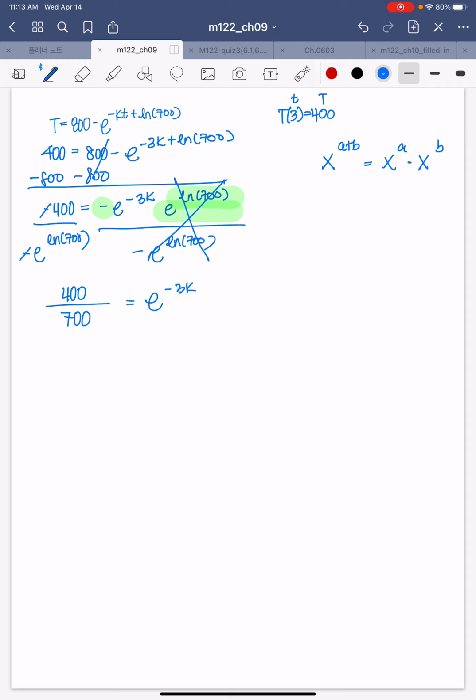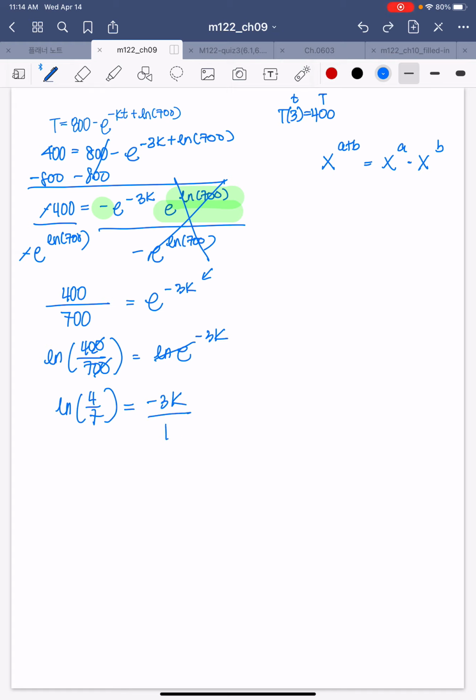So let's apply ln so that we can solve for k. So ln of 400 over 700, and then ln of e to the negative 3k. So ln of 4 over 7, because this reduces, is equal to negative 3k.